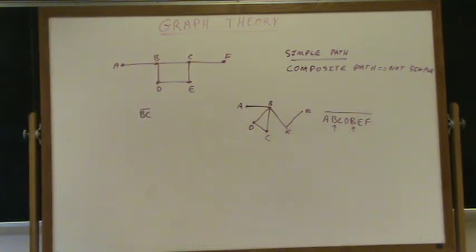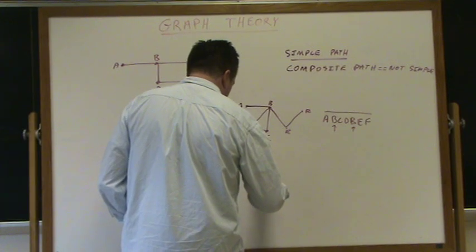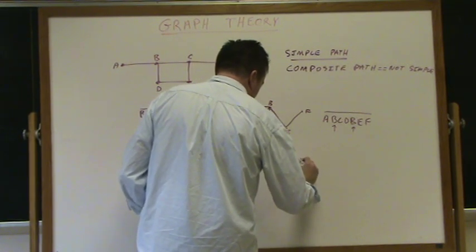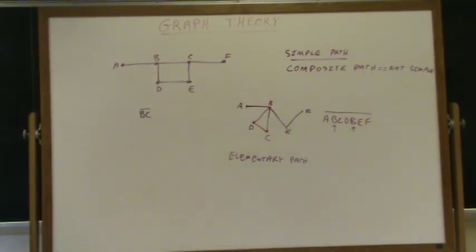a path that does not use the same vertex twice is called an elementary path. That's too bad, simple path and elementary path. Elementary usually means simple or very beginner, right?